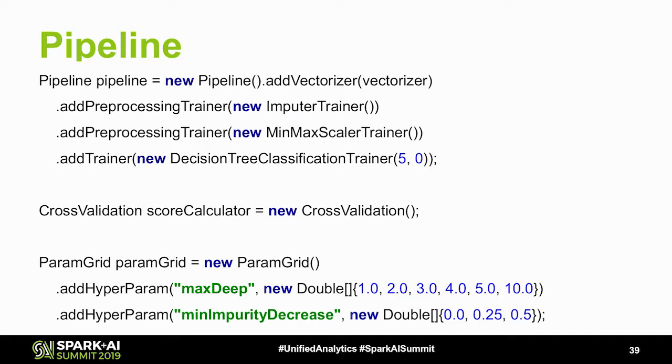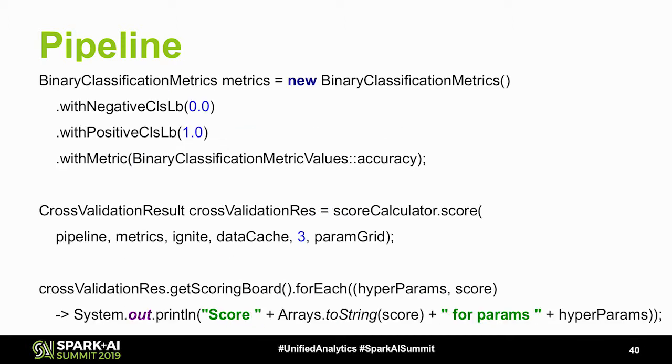You could add preprocessing trainers, a lot of them if you need. Then a final trainer, for example, here, a decision tree classification trainer, adds cross-validation as scoring, with different values of the parameter grid. And in this slide, we're trying to combine together the pipeline, classification metrics, hyperparameter tuning, and cross-validation to get the best model.